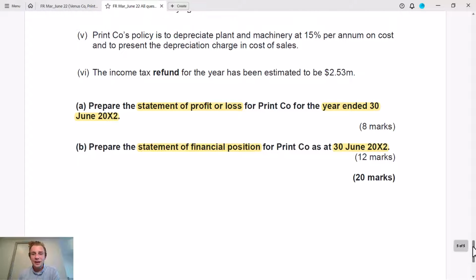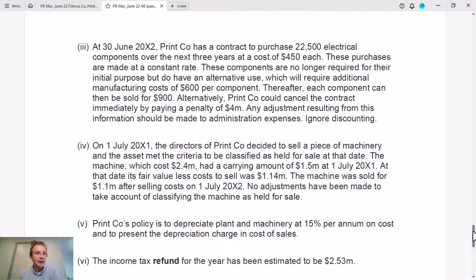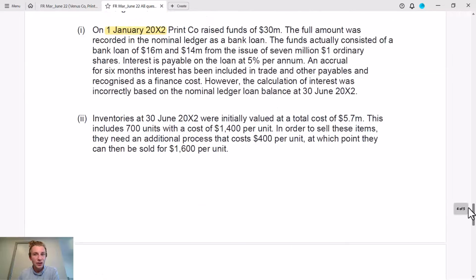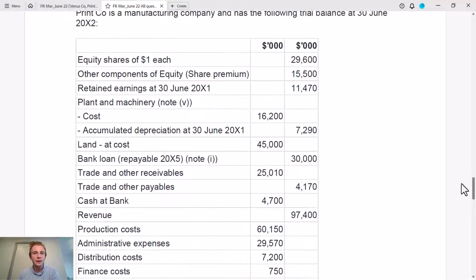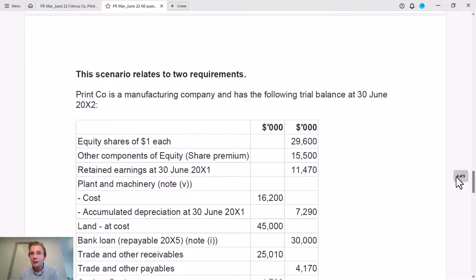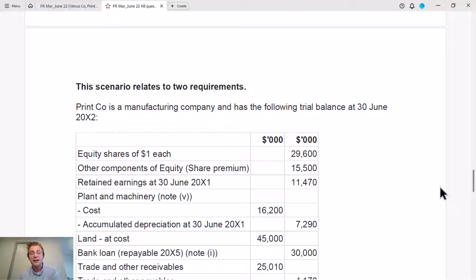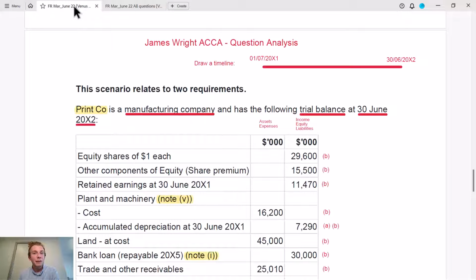What you tend to see in these questions is lots of little notes, adjustments that go through the question itself. But one thing that will help you when you're going through this style of question is to draw a timeline. So let me pull up my notes so you can see the top of them.